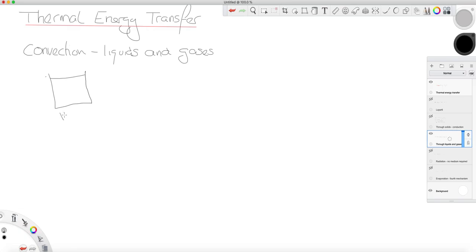If you supply some thermal energy here, what will happen? Your molecules gain kinetic energy, and now they are moving, not vibrating, they're moving faster.